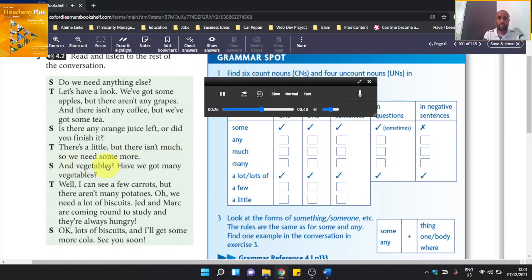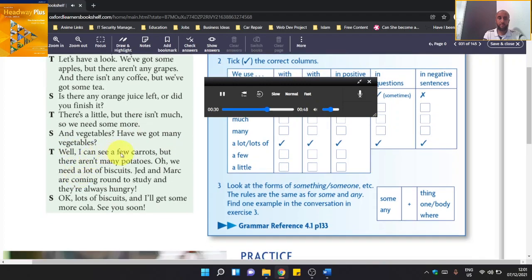And vegetables? Have we got many vegetables? Well, I can see a few carrots, but there aren't many potatoes. Oh, we need a lot of biscuits. Jed and Mark are coming round to study and they're always hungry. Okay, lots of biscuits, and I'll get some more cola. See you soon.